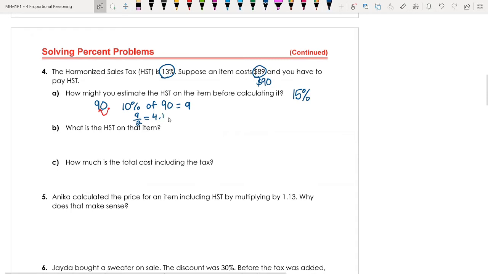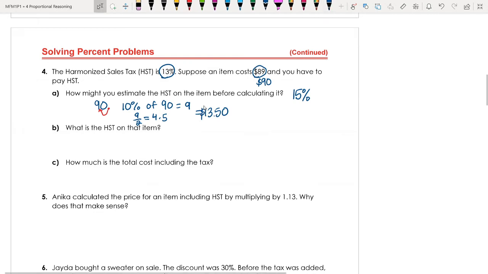So we could roughly estimate, and we're estimating a bit over because we found 15 rather than 13%, and we use 90 rather than 89. We could estimate that it's going to be about $13.50 using this method. But as I said, this is going to be a little bit high. But better to overestimate the tax you're going to pay so you make sure you have enough money when you get to the cash register.